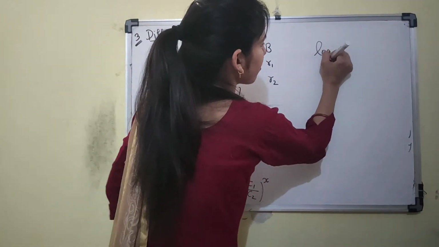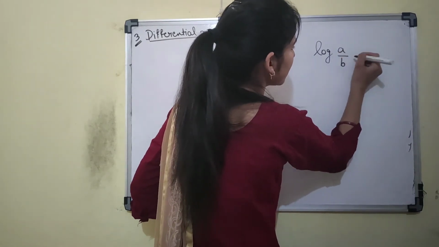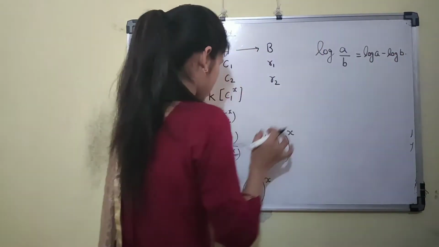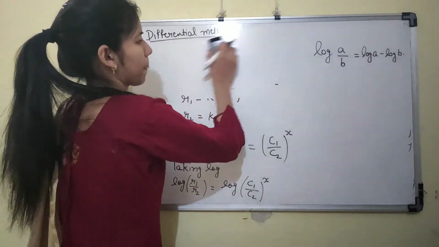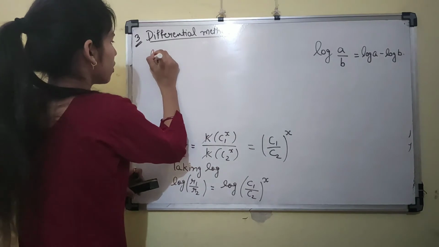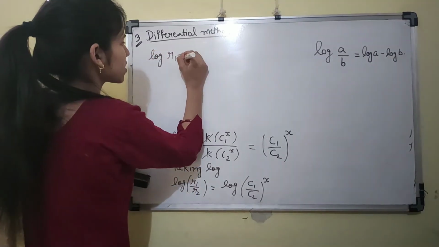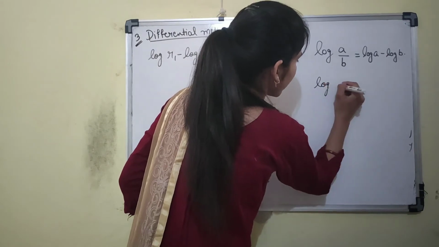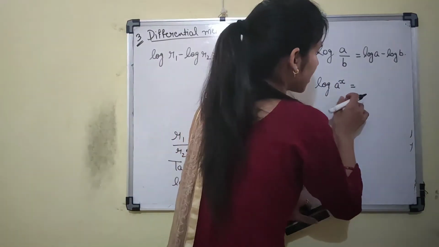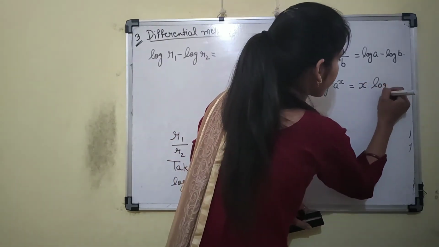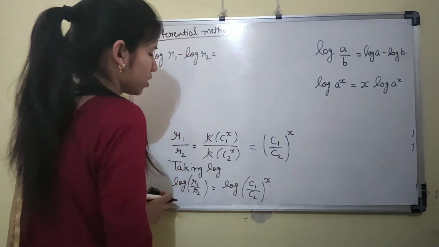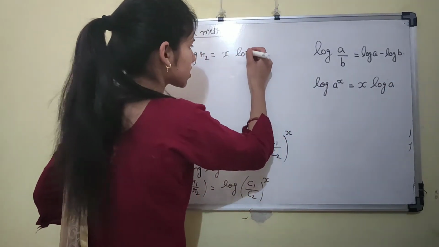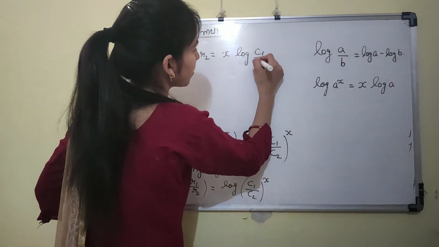And from mathematics, log A divided by B is equal to log A minus log B. Apply this rule here. So the equation will become log R1 minus log R2 is equal to, and log A to the power x is x into log A, so it is equal to x log of C1 divided by C2.